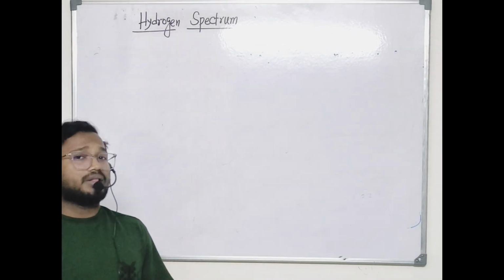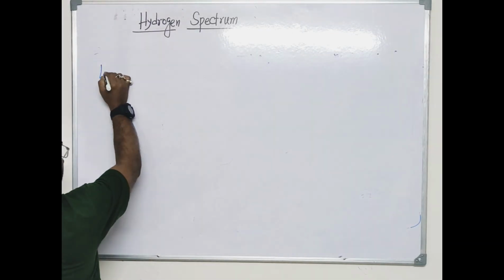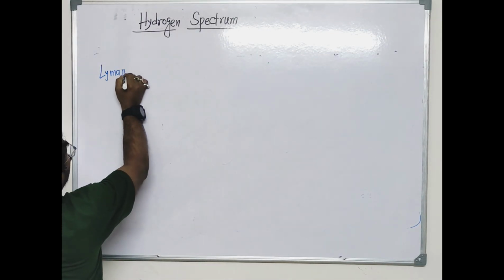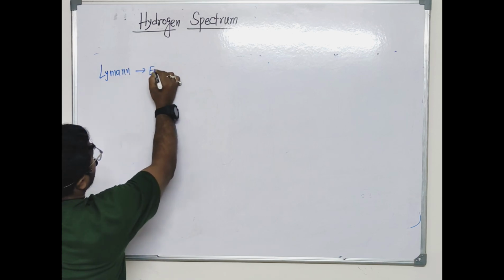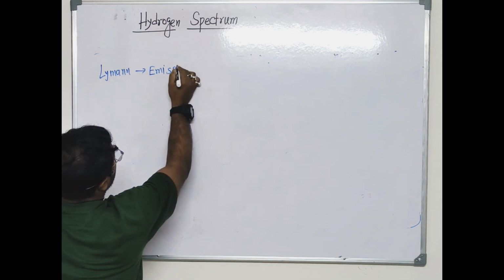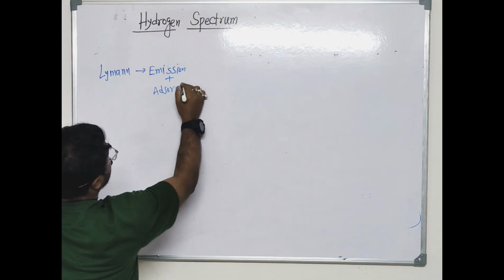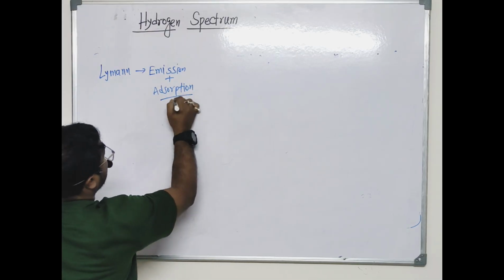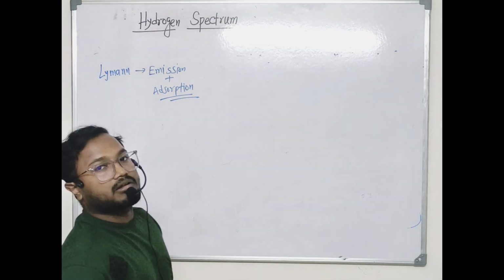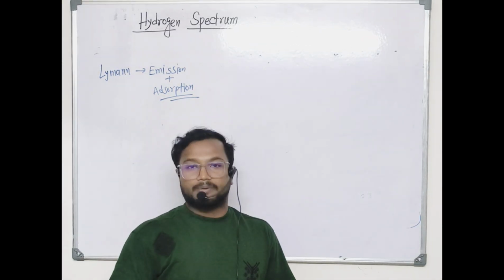Among them you need to know one thing. The Lyman series has both emission plus absorption. It is the only spectral series which has both, emission spectrum as well as absorption spectrum.